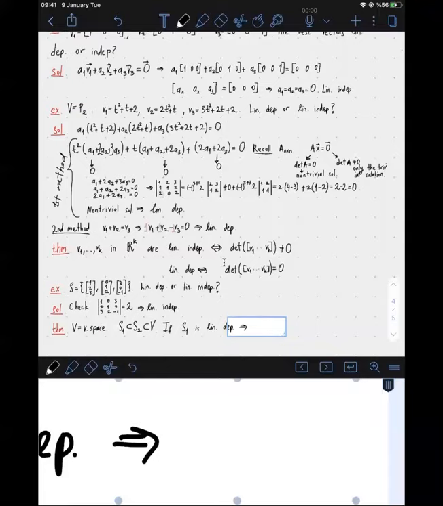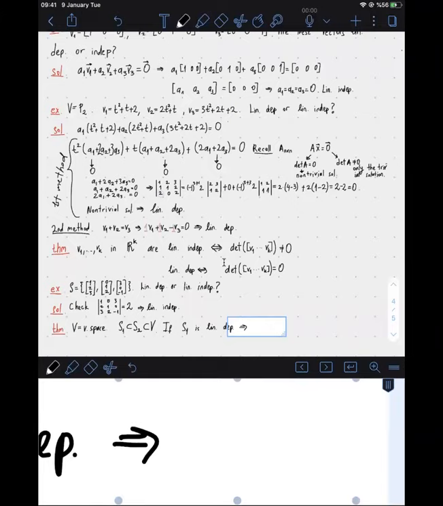Suppose S1 consists of 3 vectors, and those vectors are linearly dependent, and we add more vectors to it. Suppose S2 is those vectors plus other vectors. What can we say about S2?